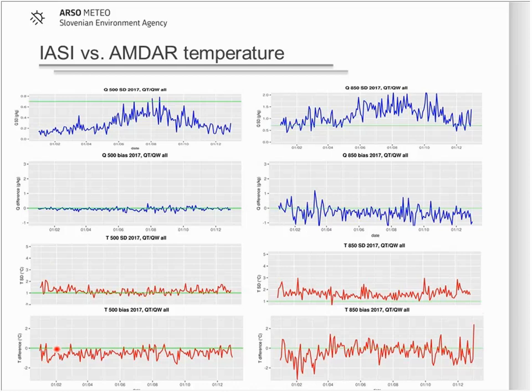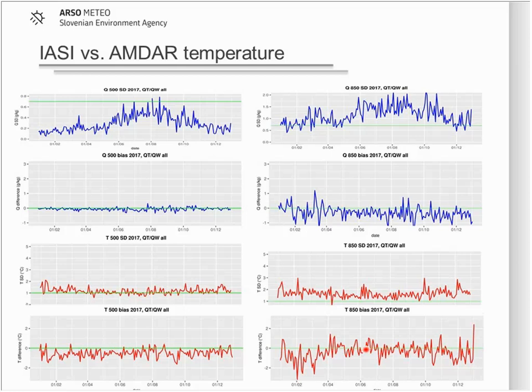Well, we averaged over 2 days, so that there's not so much variability. But you can see now how this bias and standard deviation develop throughout the year. Now we see that the temperature is always a little bit lower in IASI than in AMDAR, and the standard deviation is pretty much the same throughout the year.